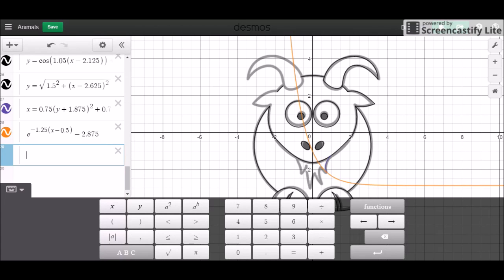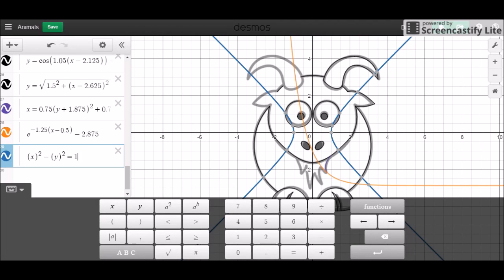So we start with, for perhaps the first time, the general equation of a hyperbola, and that's x squared minus y squared equals 1. I probably should have started with the general equation of a hyperbola before I went into showing you the half versions.